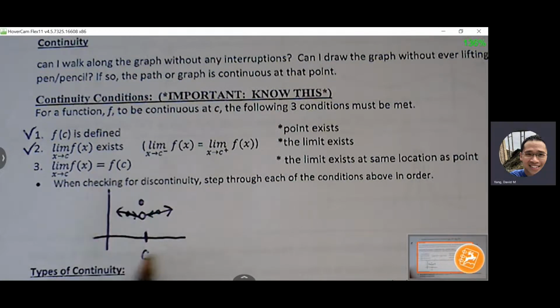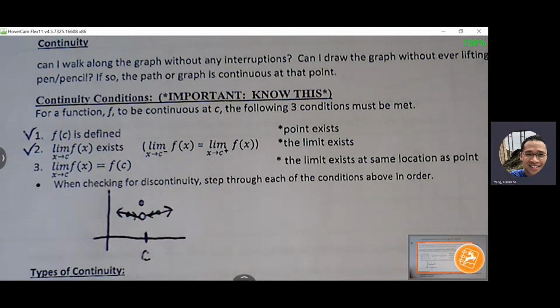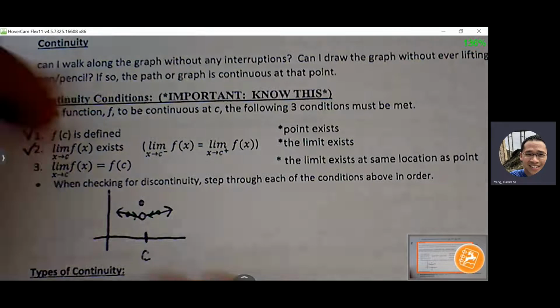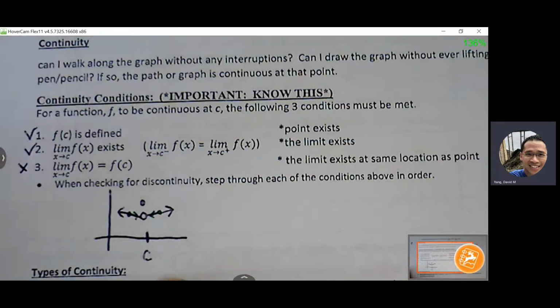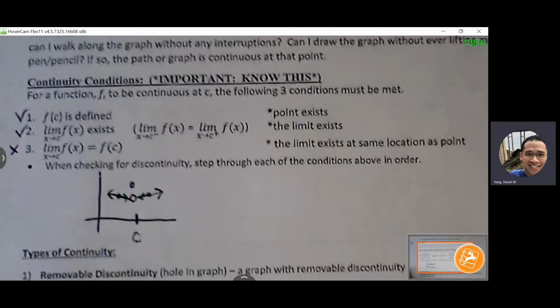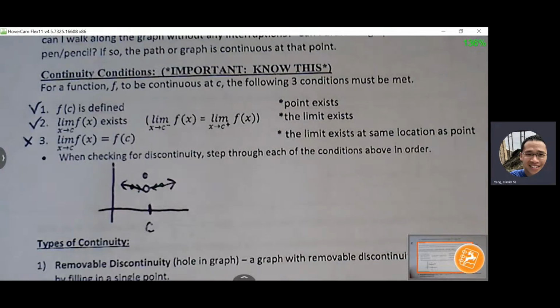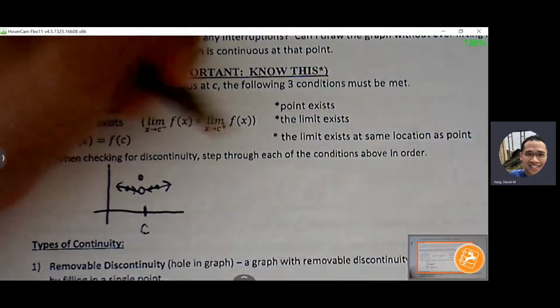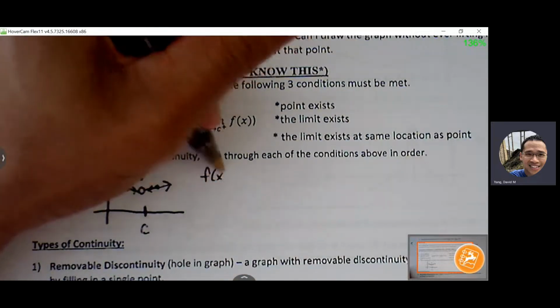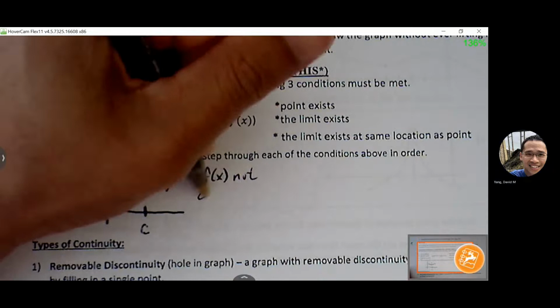Based off of what I drew here, is the limit living in the same location as the ordered pair? No. So for this particular instance, this function would not be continuous at x equals c because it did not pass all three conditions. The way that I drew this graph, I would say the function is not continuous.